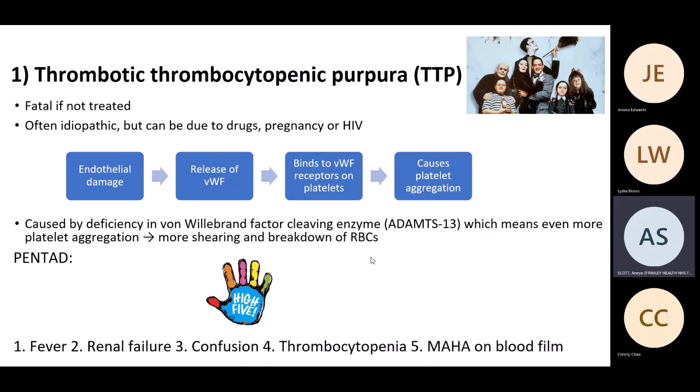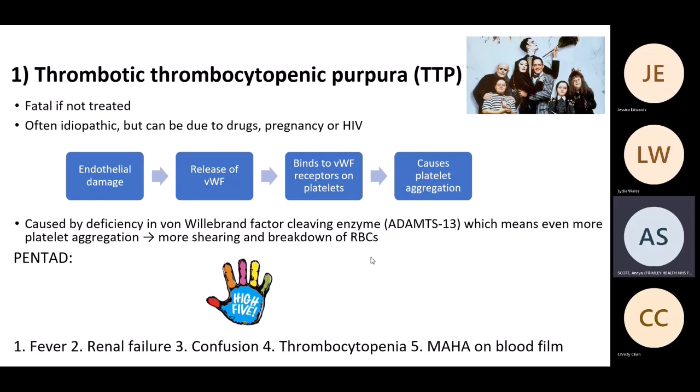And what happens is you get endothelial damage, and then von Willebrand factor is released. Von Willebrand factor binds to receptors on the platelets, and it causes the platelets to aggregate. And when you get platelet aggregation, it causes more shearing and breakdown of the red blood cells because of the turbulent flow through the vessels.